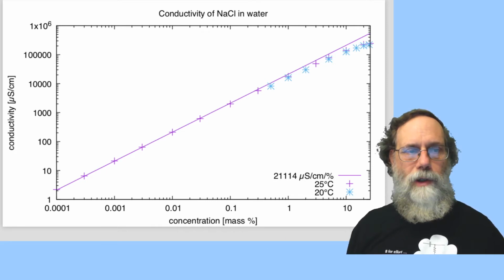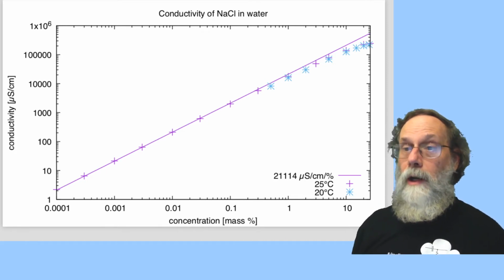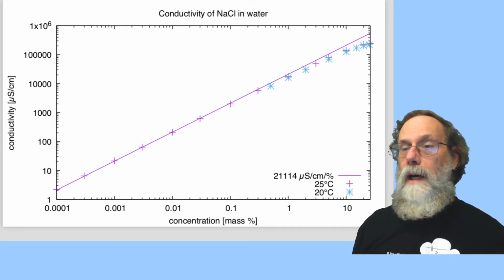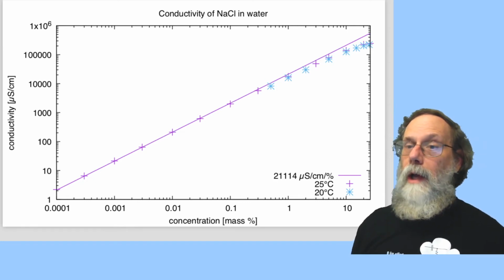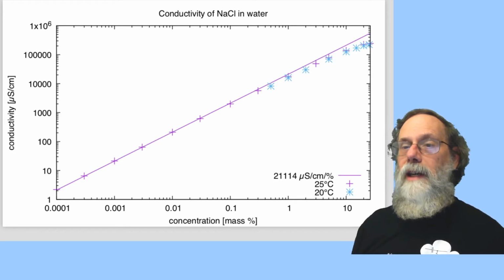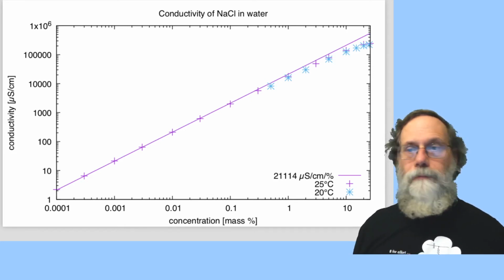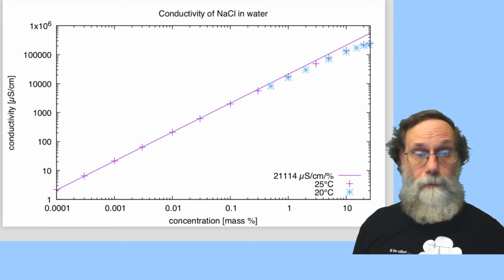In biological systems, it's very common to measure, for instance, environmental variables like what's the concentration of the ions in tap water, in river water, in seawater, and measuring the conductivity is a very simple way to do that. People also measure the conductivity of blood serum.